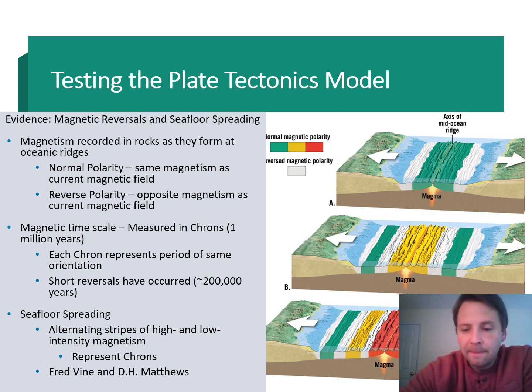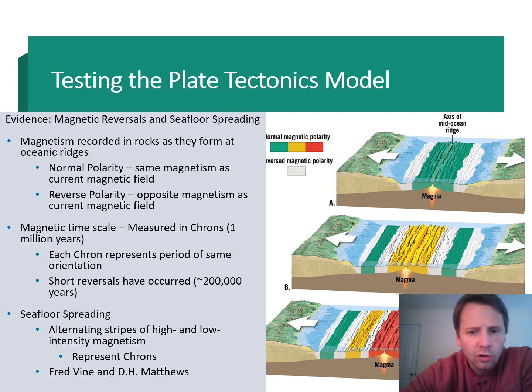And so this gives further evidence when we extrapolate out the orientation of the rock formation, where they were pointing, as to the motion of the plates, of plate tectonics.